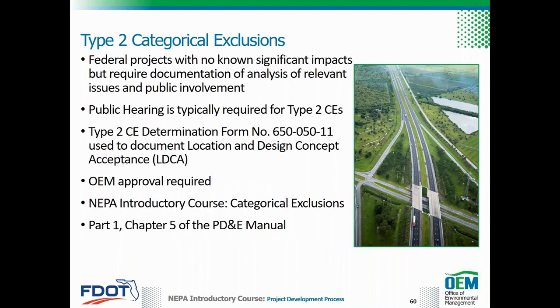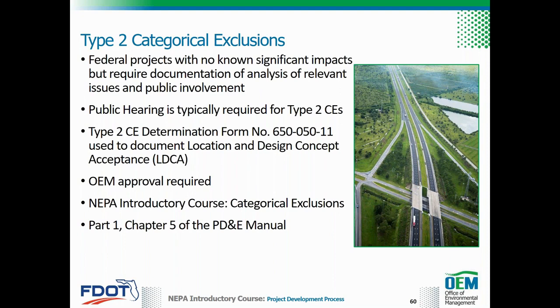The Type 2 categorical exclusion applies to a project with no known significant impacts, but which requires documentation of analysis and relevant issues or public involvement. The document of record for the LDCA is the signed Type 2 categorical exclusion determination form, which is prepared and signed. The technical reports or documents prepared to support it must be uploaded into the project file and summarized or referenced in the form.